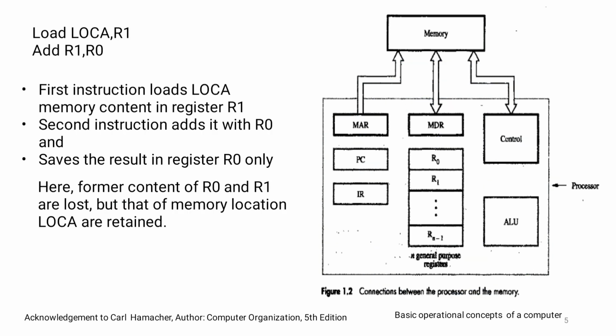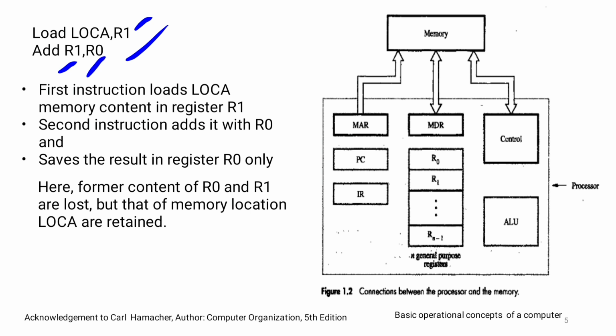The same instruction Add LOCA, R0 is accomplished by two instructions. First, the LOCA content is loaded into R1, then the ALU will add the R1 and R0 register contents and keep the result back in R0.